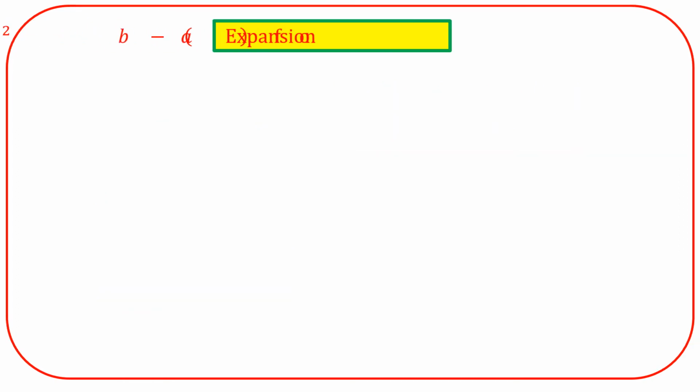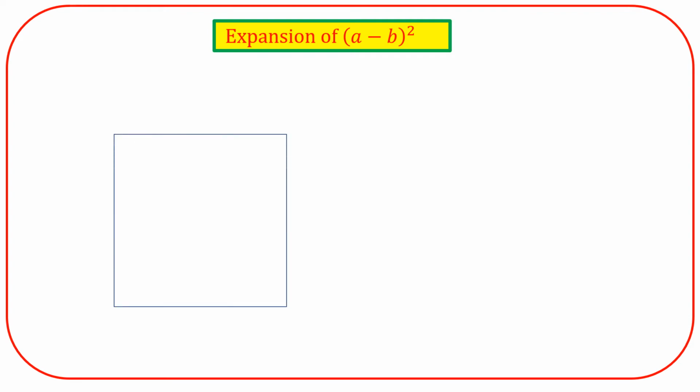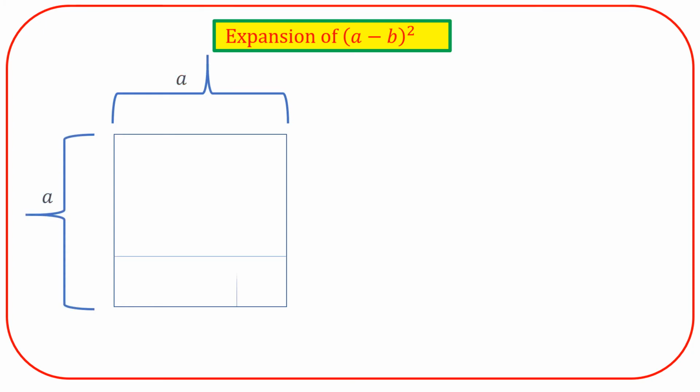Expansion of (a - b) whole square. Here I draw a square of side a. I mark here 2 lines. Now the length or width of this part is equal to b.